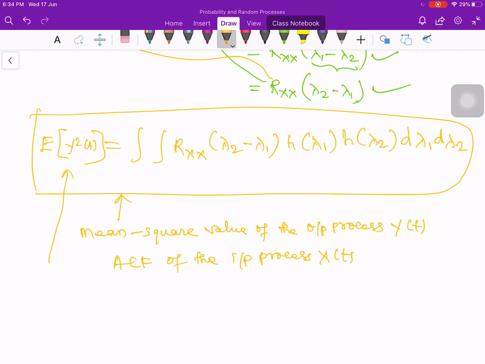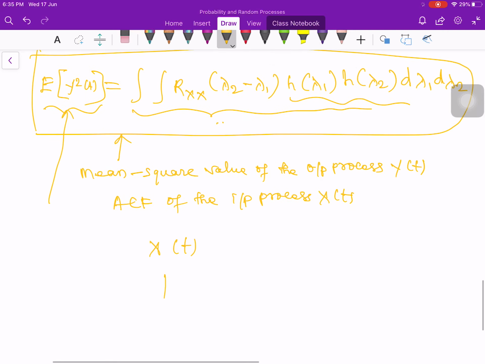We are expressing the mean square value of the output process in terms of the autocorrelation function of the other process, in terms of some other operation. The input process is going through a transformation in the LTI system, which is reflected in the product of h of lambda 1 and h of lambda 2.